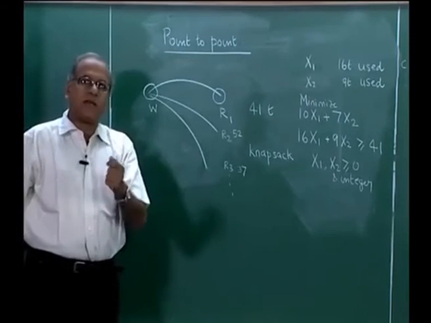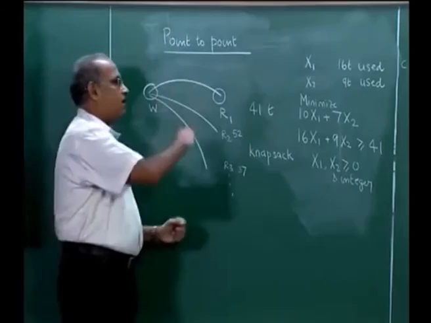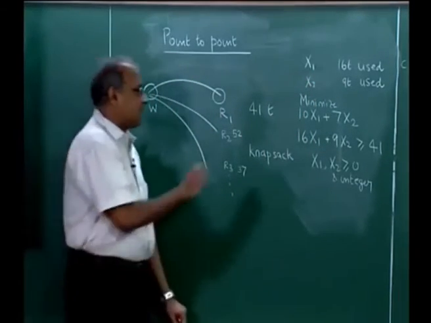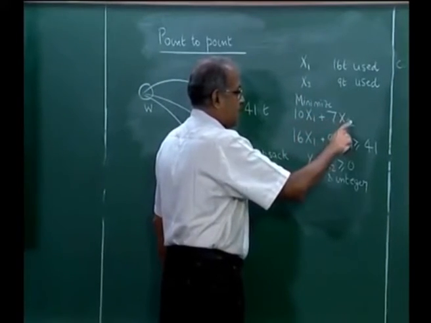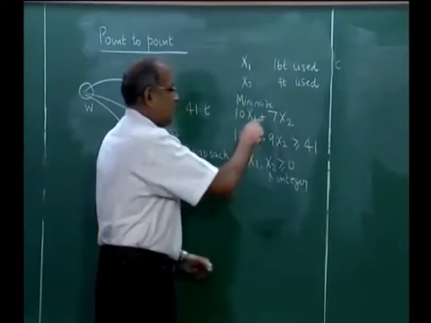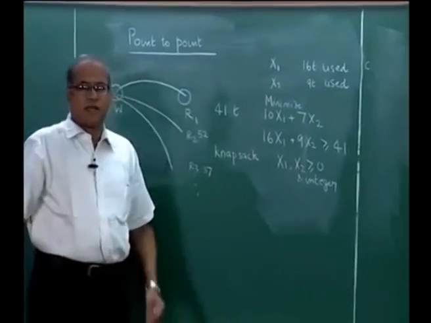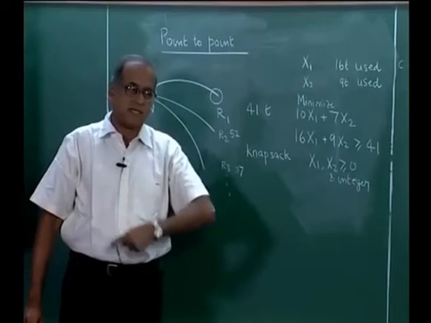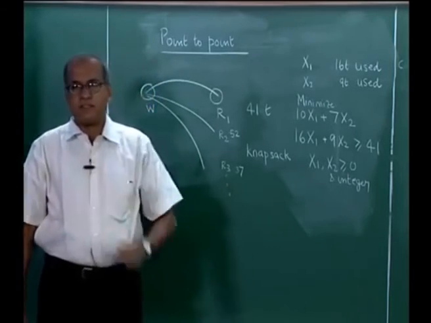But if there is a capacity or availability restriction on the number of 16 ton trucks and 9 ton trucks available, then it would become 10x11 plus 7x12, there will be another 2, 1, 2, 2 and so on, and then there will be a constraint which will say x11 plus x12 plus x13 plus x1n will be less than or equal to the available number of 16 ton trucks.